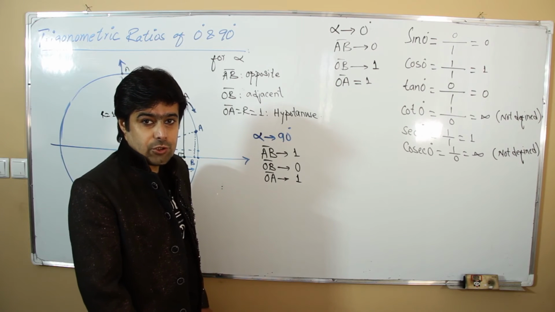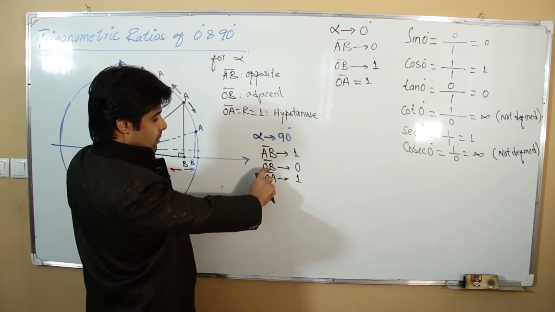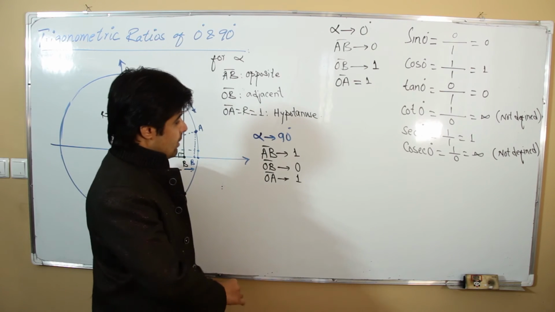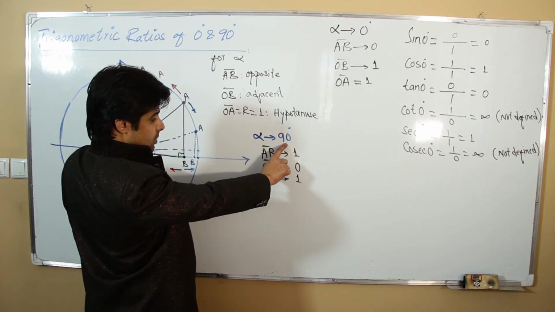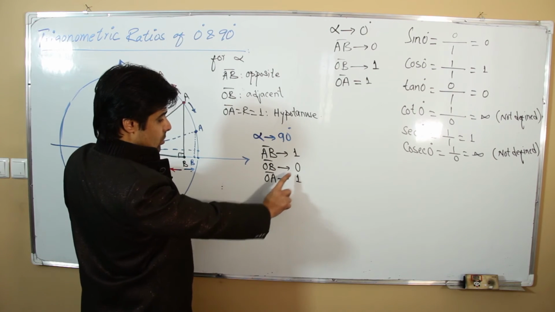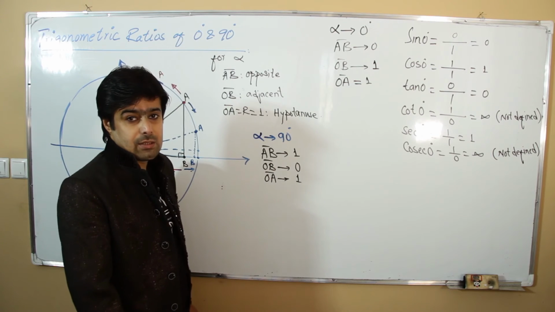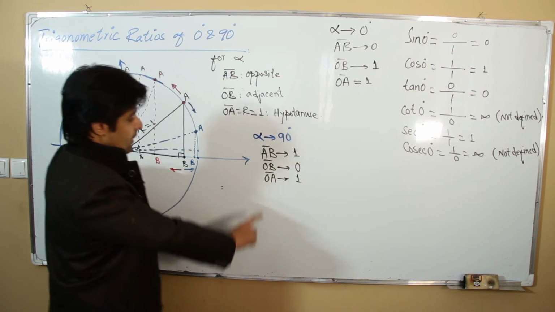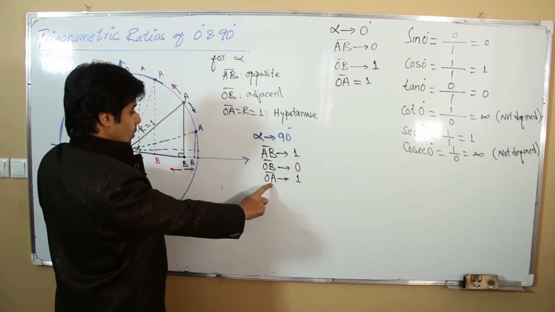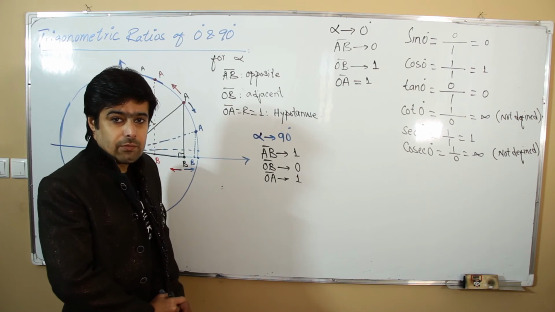There is no change in the value of OA, but AB and OB have changes in value. When alpha approaches 90 degree, AB approaches 1, OB approaches 0, and OA remains the same. AB is opposite, OB is adjacent, and OA is your hypotenuse. You know all of these values.